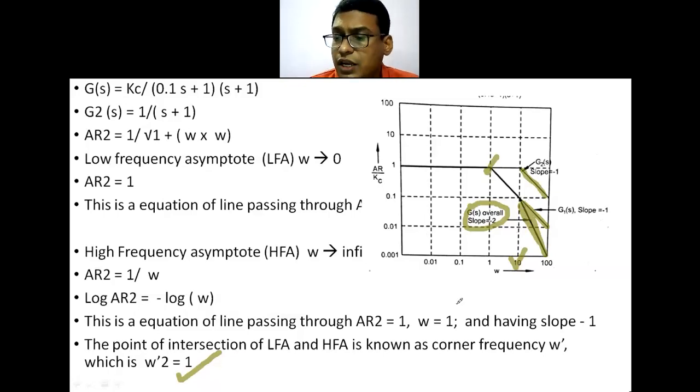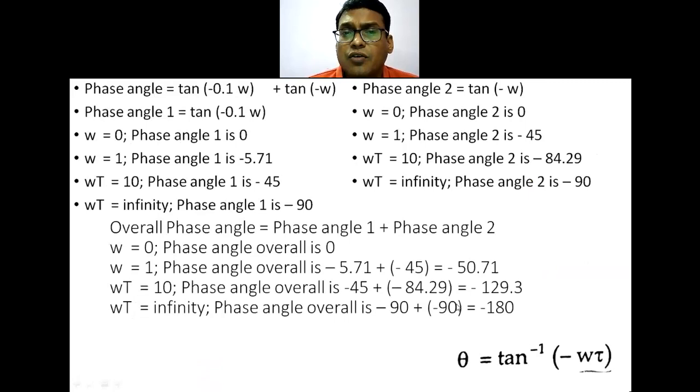So similarly, that is there for the phase angle also. So phase angle theta is equal to tan inverse of minus omega tau. In this case, 0.1 omega, and for the second transfer function, tan inverse of minus omega. So phase angle for the one system, we will consider only tan inverse of minus 0.1 omega.